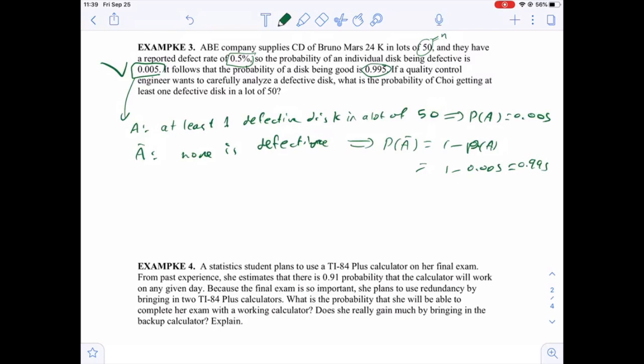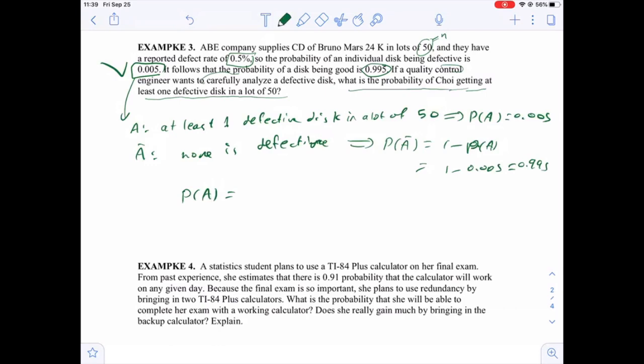Okay, now we want to find the probability of A, because the question here is what is the probability that the control engineer, Choi, gets at least one defective disk in a lot of 50 disks.